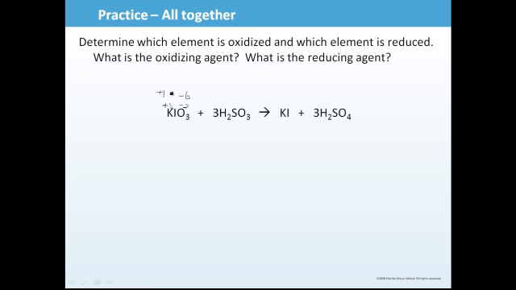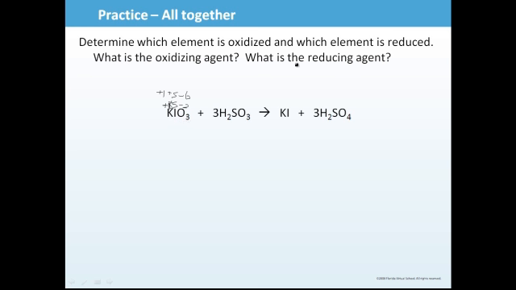So to make this neutral, I would also need a positive 5. There's only 1 iodine, so it is going to keep all of that positive 5. So the oxidation states are positive 1 on the potassium, positive 5 on the iodine, and negative 2 on the oxygen.